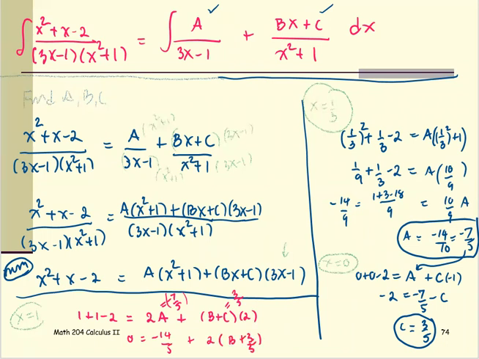Okay, you clean up the numbers, and we're gonna get B equals 4 over 5. All right. So the numbers we have: A as negative 7 over 5, C as 3 over 5, and B is 4 over 5. It's tedious, right?